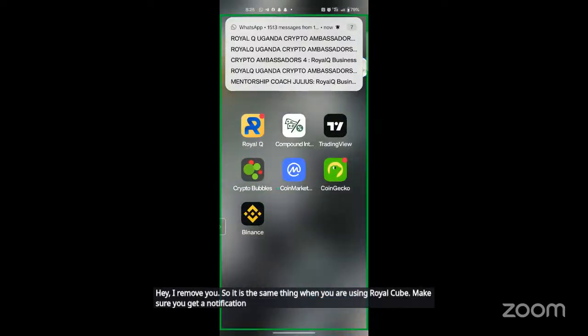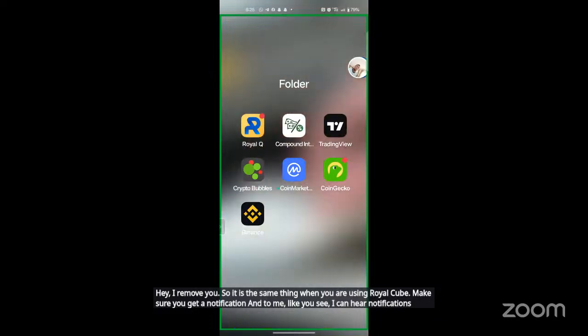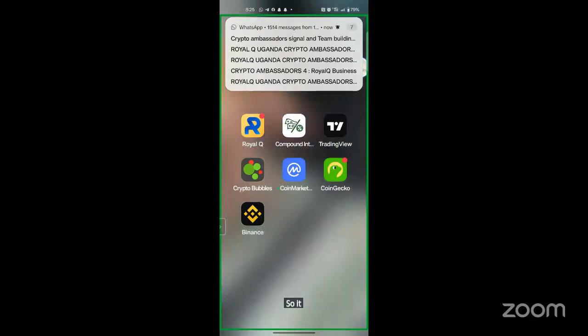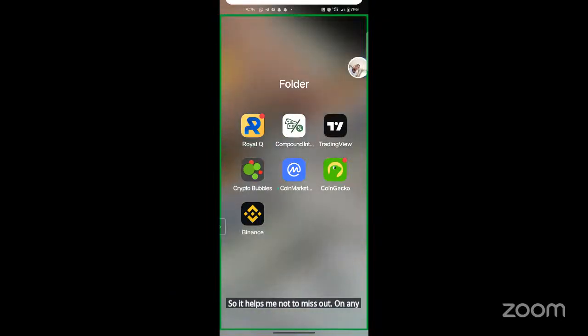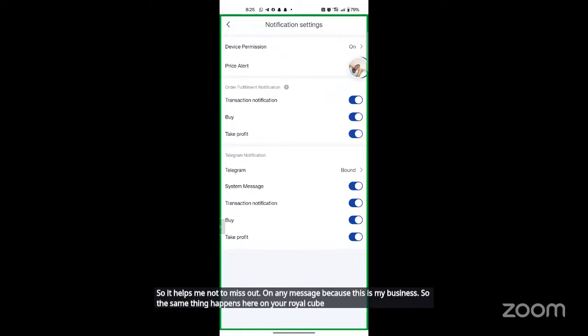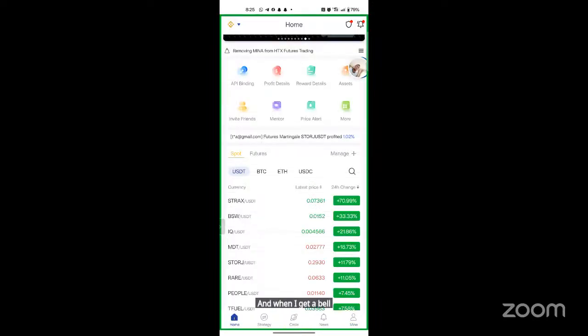And to me, like you see, I can hear notifications on my phone. So it helps me not to miss out on any message because this is my business. So the same thing happens here on your Royal Q. So you see, whenever there is any transaction, I get a bell. And when I get a bell, I can come back and check on my trade.